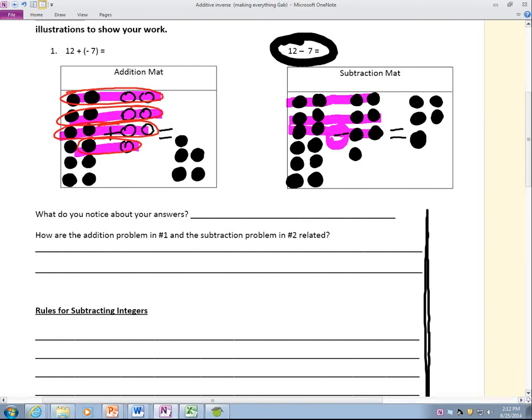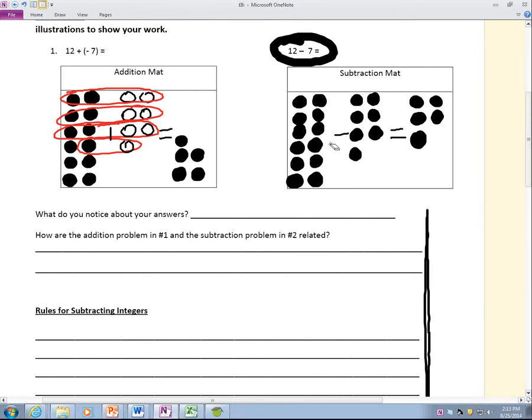If you had to choose which one of these two is more visually clear, let's see if I can erase these. From looking at these two, which one do you think is a little bit clearer from just looking? And be honest. Abby? 12 minus 7, you like that one better?